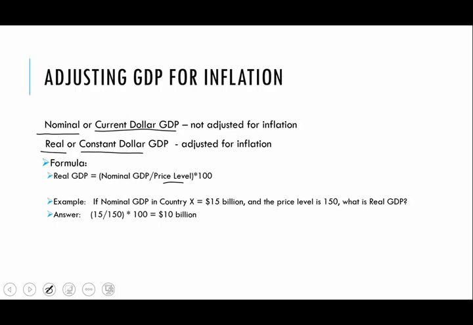Another thing that we might want to do with GDP is calculate its growth rate. Economists and policymakers are very concerned with the growth rate of gross domestic product. And a difference in growth rate of even 1% can, over time, mean a very large difference in economic well-being.